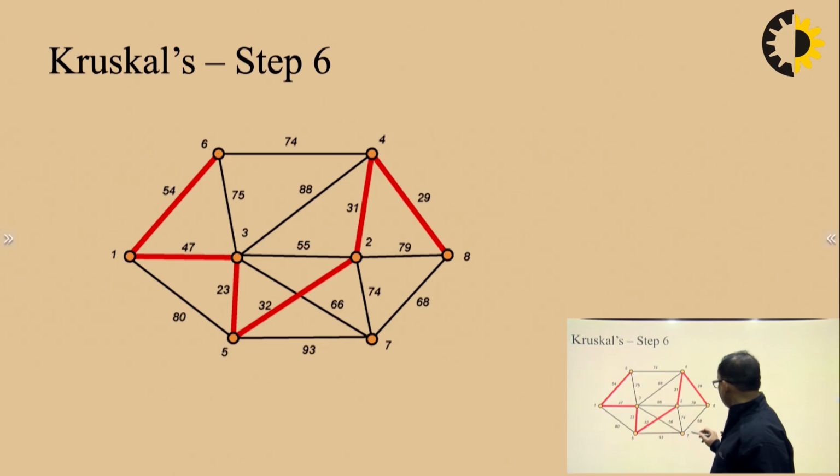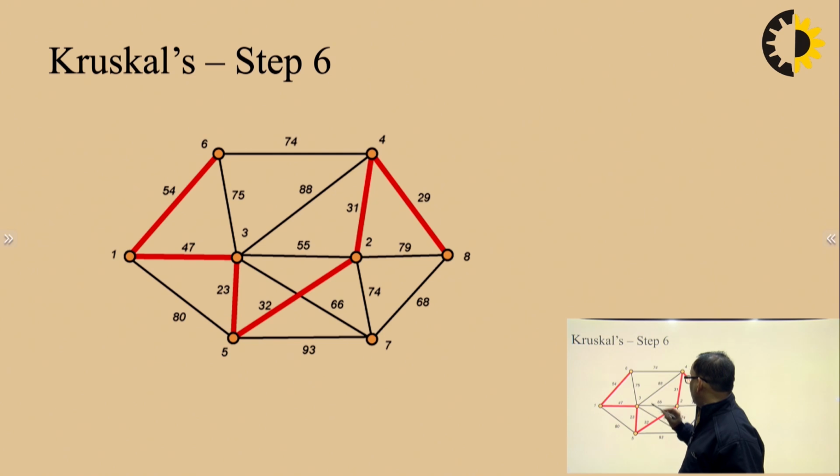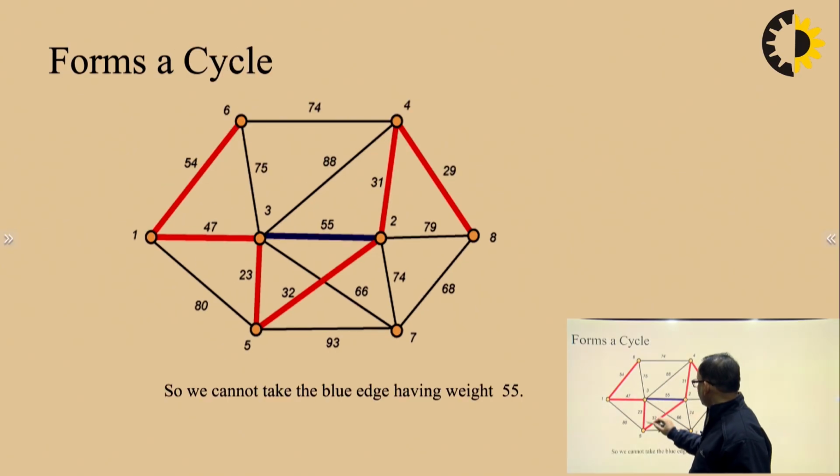Again, two vertices are remaining, vertex number 7 and vertex number 8. So we will select the next minimum weighted edge. After 54, the next minimum weighted is 85. But we will not select it, because if we select 85, then it forms a cycle.